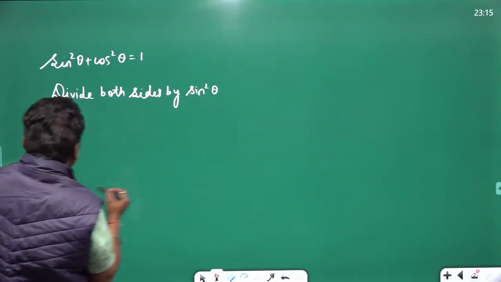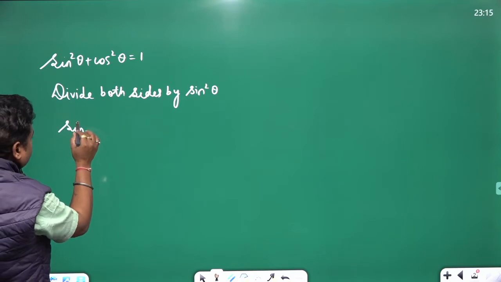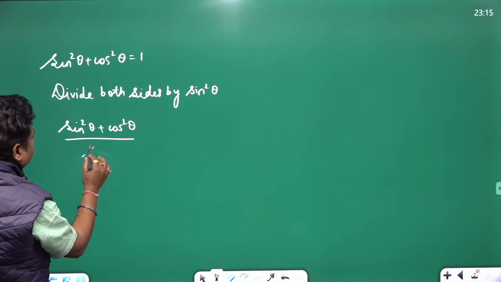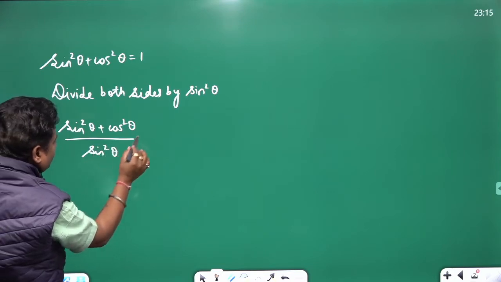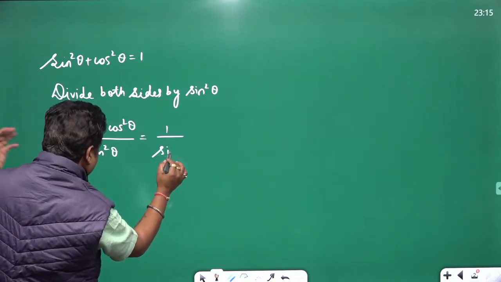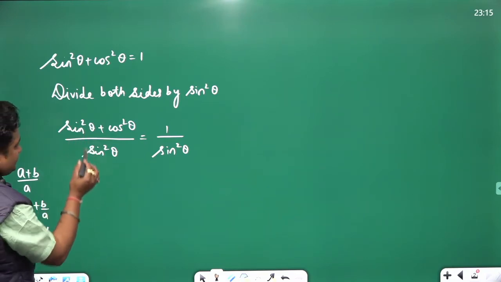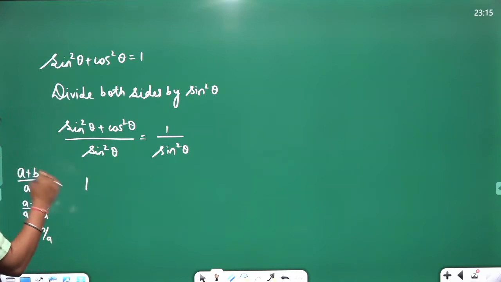So it will be sin square theta plus cos square theta over sin square theta, which is equal to 1 over sin square theta. And you guys are intelligent, you can easily say this is something like a plus b over a. That means a by a plus b by a. That means 1 plus b by a. So I can say that when sin square theta is divided by sin square theta, it becomes 1, and this becomes cos square theta over sin square theta.